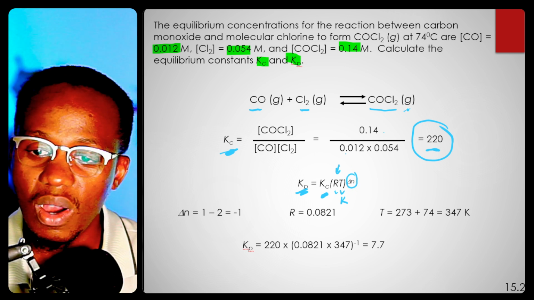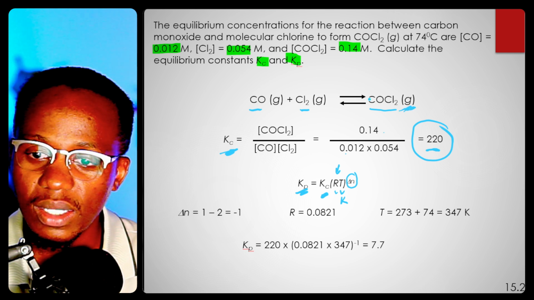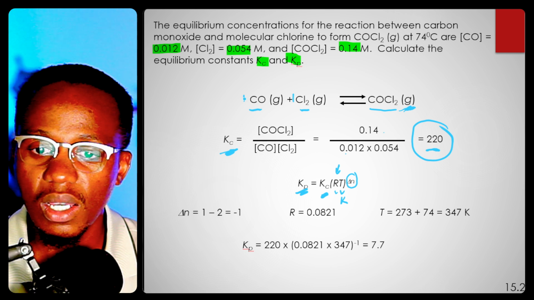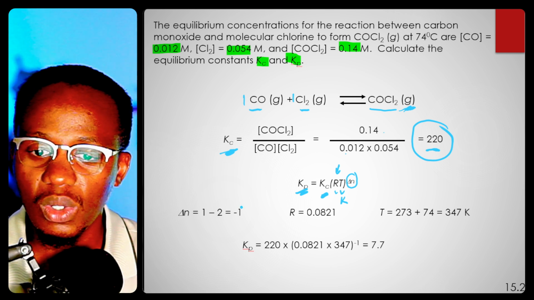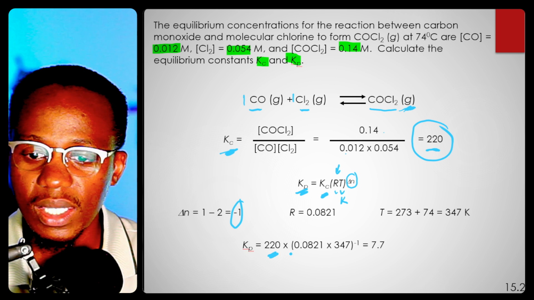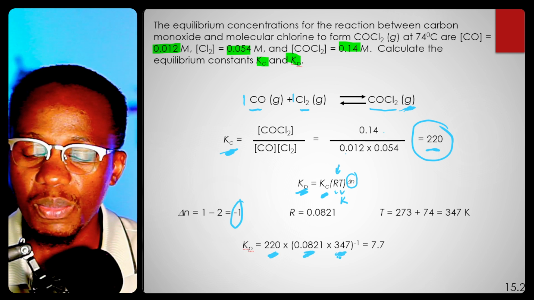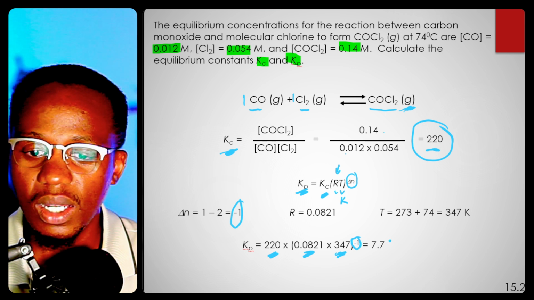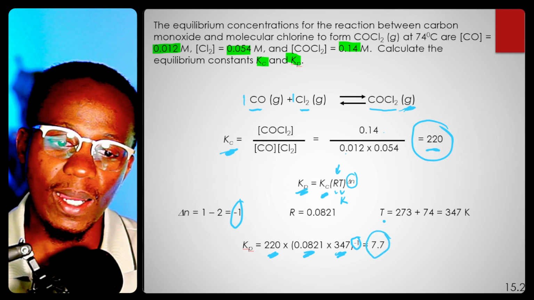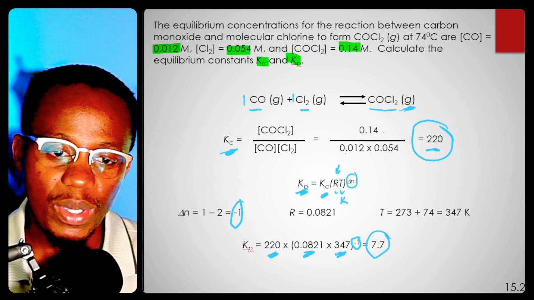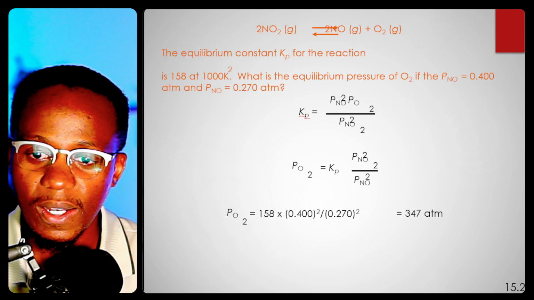So here you have 1 mole of gas on the product side because it's just one coefficient. And then here you have 2 of them, right? So it will be 1 minus 2, which is -1. So Kp will be equal to Kc times R times temperature in Kelvin to the delta n, which is -1, and that will be your Kp, right? So that's how we find Kc and Kp. Make sure that you practice, right?